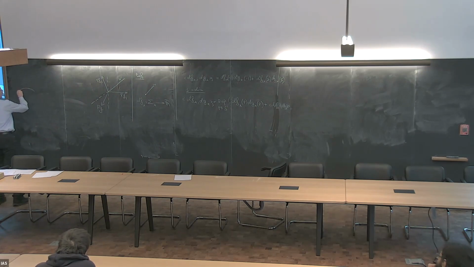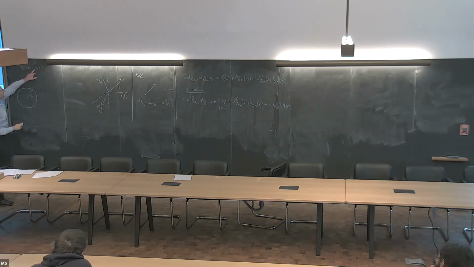Okay, now here you have a linear function. Say the linear function f of x is v scalar product with x, right? So v is the gradient of the linear function.